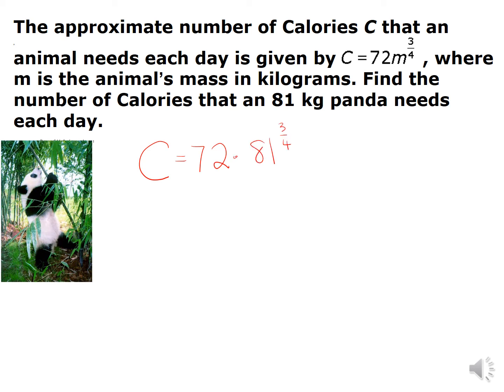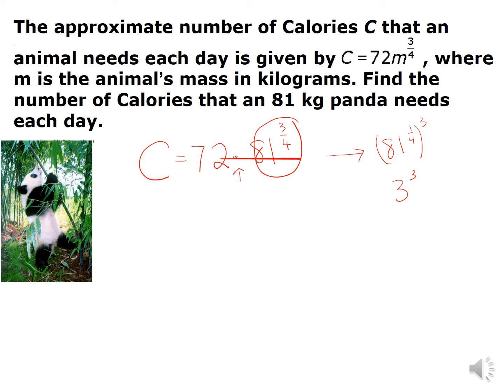Now I want you to stop and ask, why did I put that in there? And the reason I did is to remind you that the exponent only goes to that number. So then I'm going to go over here and I'm going to solve that 81 to the 3/4. And so the fourth root of 81 is 3.